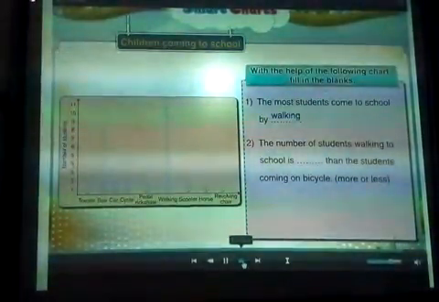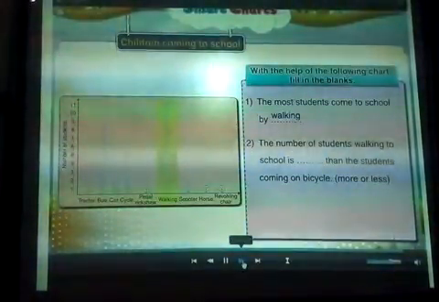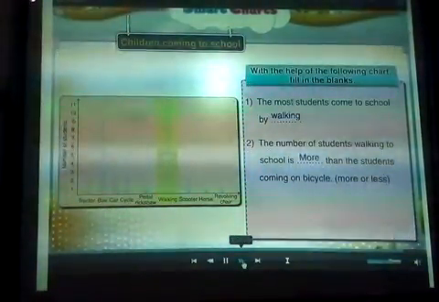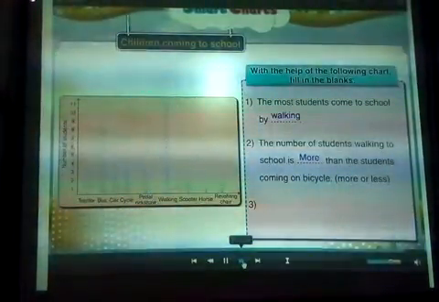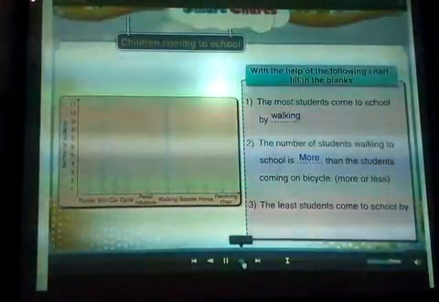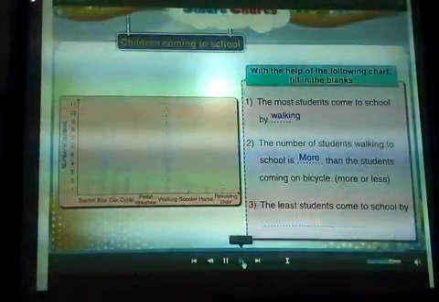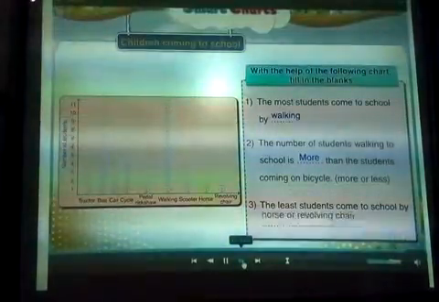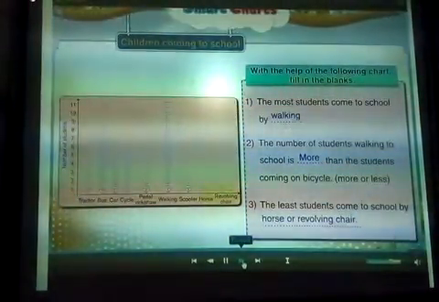More or less. The number of students walking to school is more than the students coming on bicycle. 3. The least students come to school by dash. The least students come to school by horse or revolving chair.